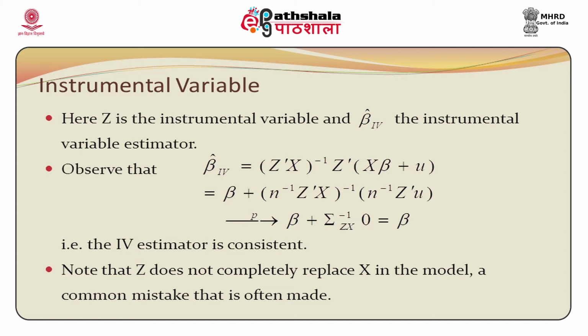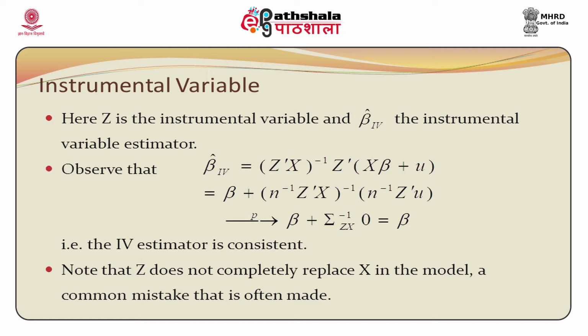How do you get the consistent estimator? You use the instrumental variable Z instead of X. Mind you, you do not change X in the model, that is a very common mistake that students make. You only use this partly to pre-multiply the model. So, if you look at the equation, you still have Z'X on the right hand side, (Z'X) inverse into Z'y.